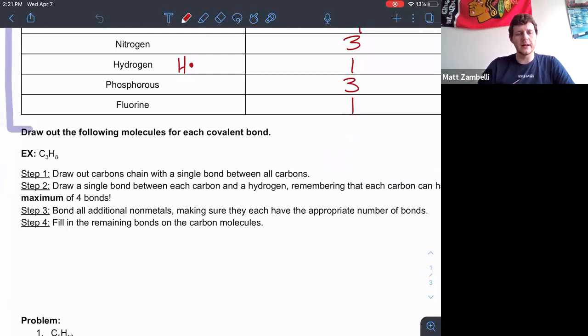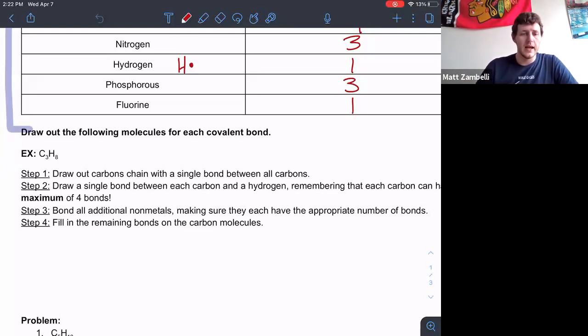All right, now we're going to do one example problem together before I let you work on your own, just so we can refresh our brains. We are drawing covalent molecules, long chains of molecules, which are a little more difficult to draw than the normal one to one.